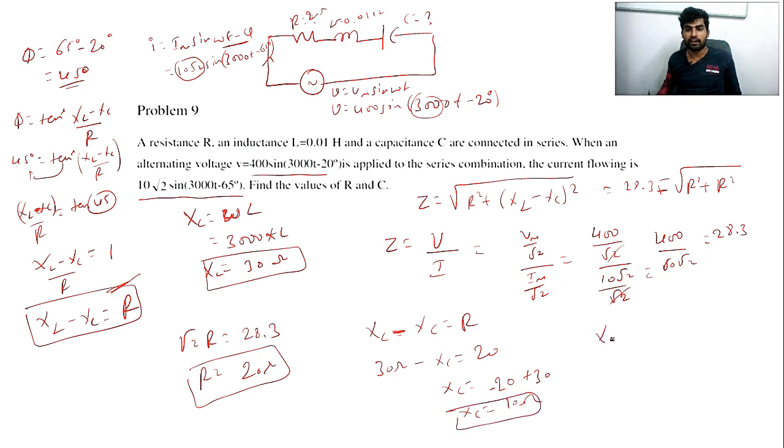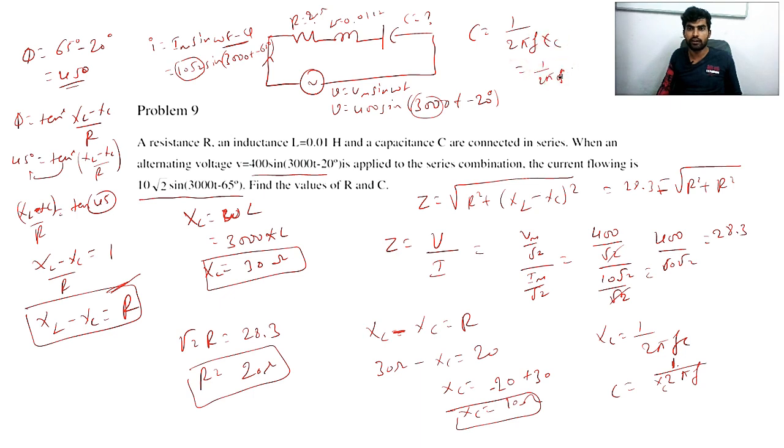XC is equal to 1 by 2 pi f C, so C is equal to 1 by 2 pi f XC. 2 pi f is omega, which is 3000, into XC, which is 10. So 1 by 3000 into 10, we will get 33.3 microfarad. That is the answer.